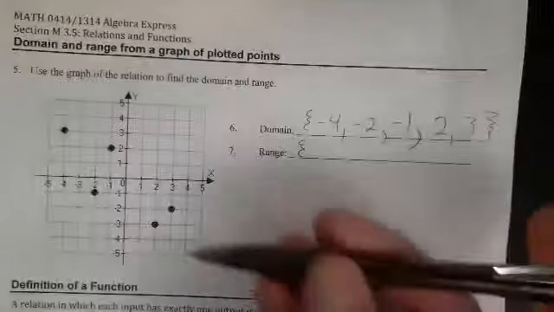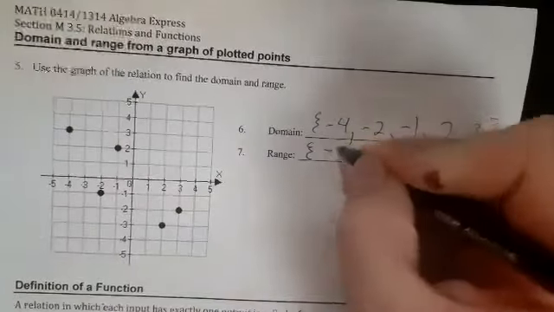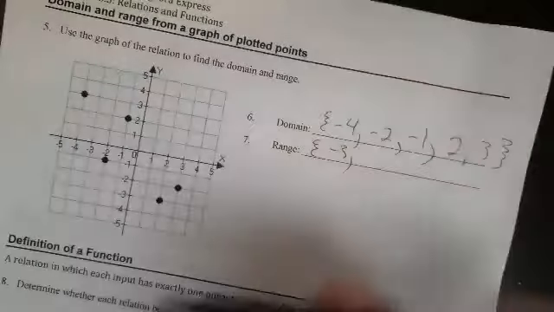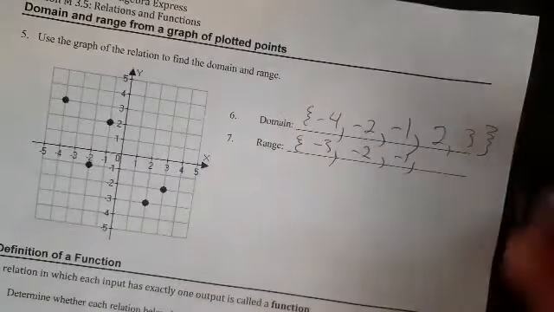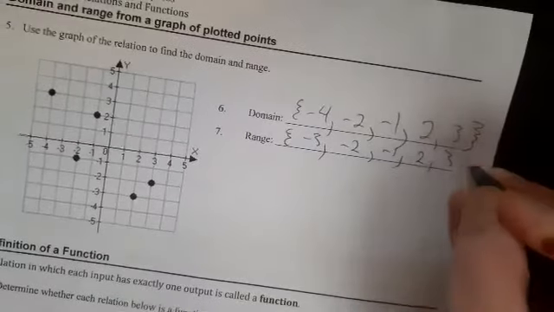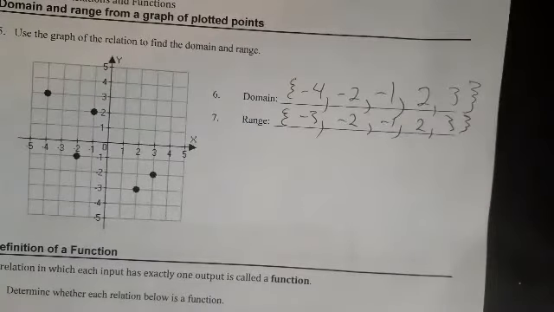Okay, and so now we're looking, we have a -3, we have a -2, we have a -1 right here, we have 2 and 3. This is one way you could do it.